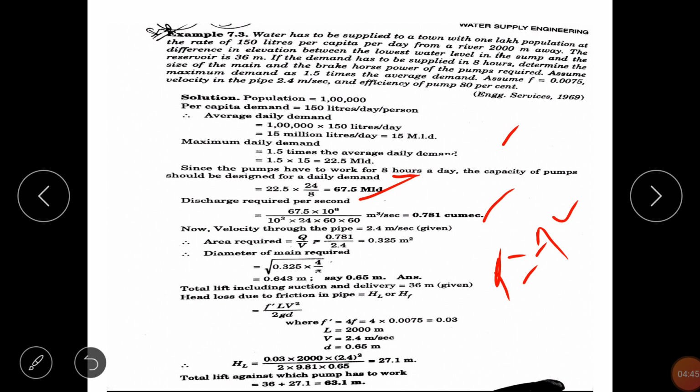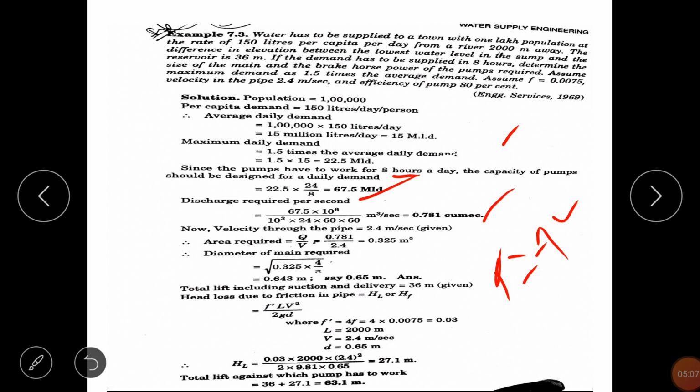For that we have F dash is equal to 4 into F. It gives 4 into 0.7775, around 0.03, and length is 2000 meter, velocity is given 2.4, and D is now calculated as 0.65 meter. Using that formula we get 27.1 meters.